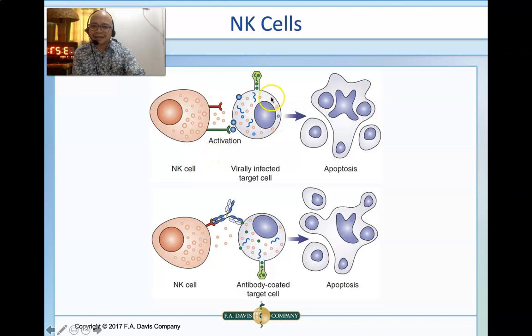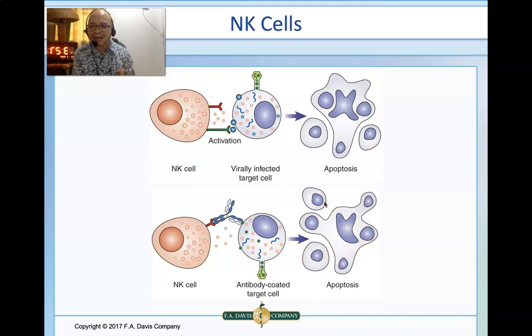If the cell here is virally infected, okay, and there's no inhibition, the natural killer cells can induce apoptosis of a virally infected cell. Or if there is an antibody-coated target cell, natural killer cells may also induce apoptosis.